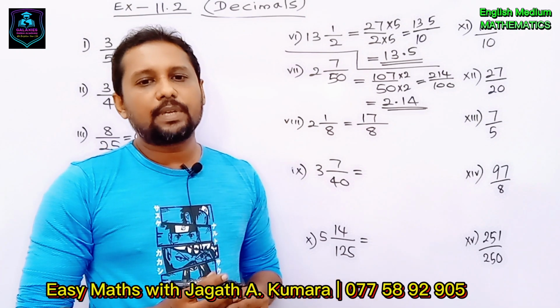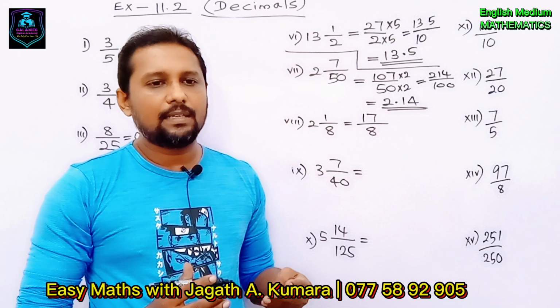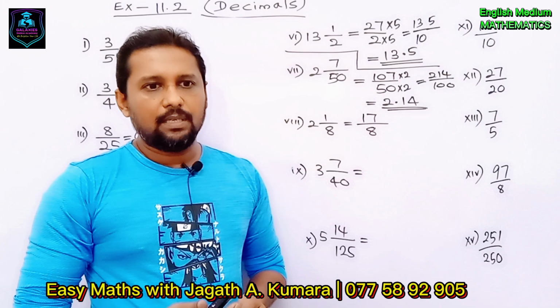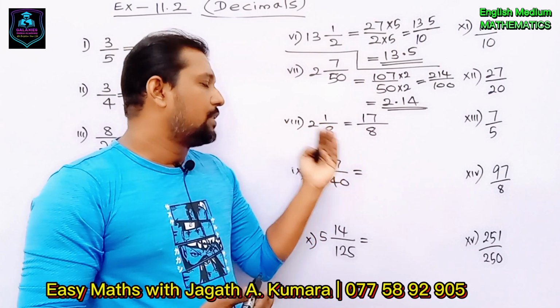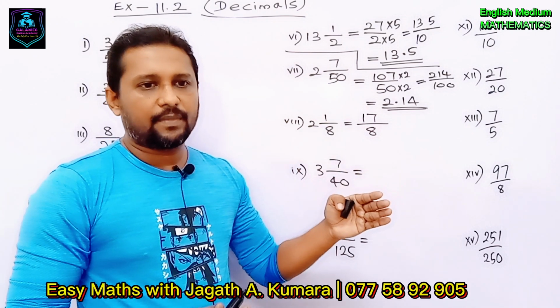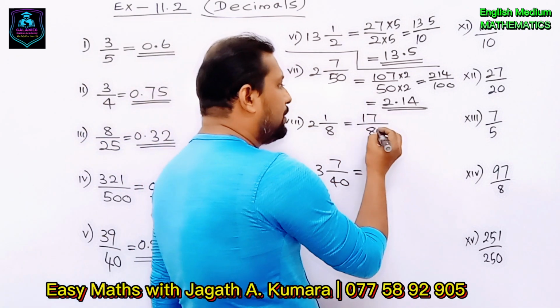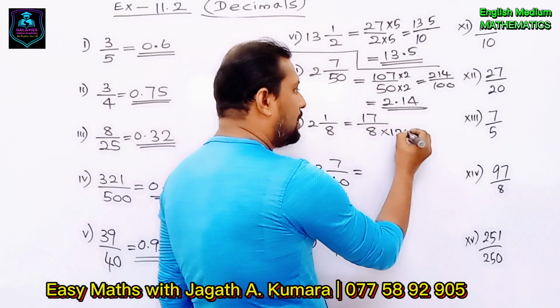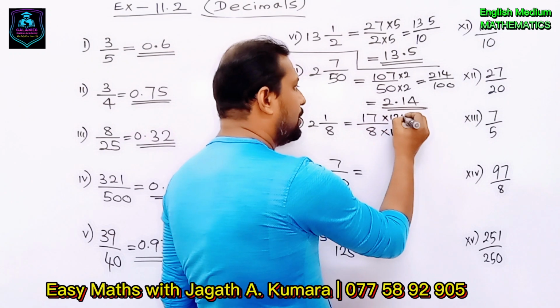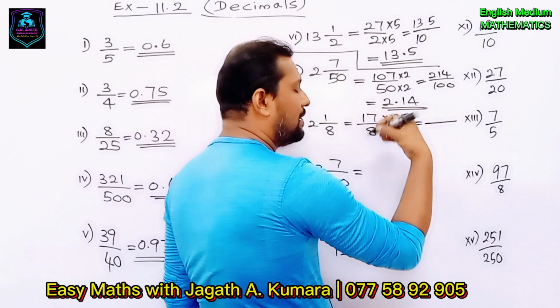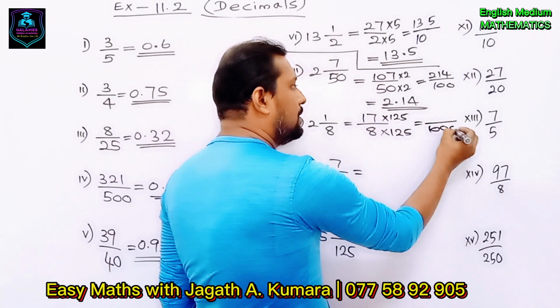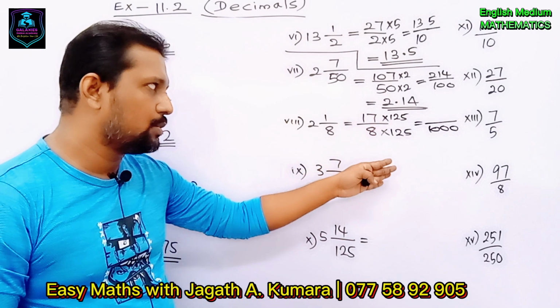Then you can try 100, but it is also impossible. Then you can try 1000. To convert into 1000, 8 multiplied by 125. So both numerator and denominator you have to multiply by 125. So the denominator should be 1000.